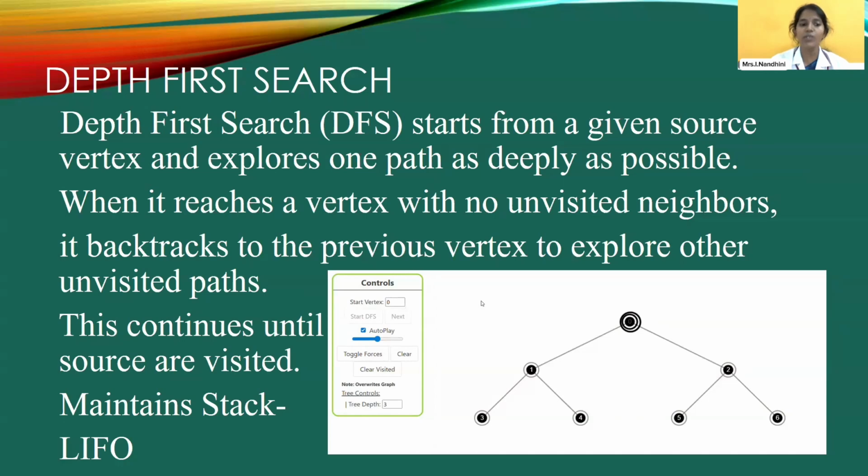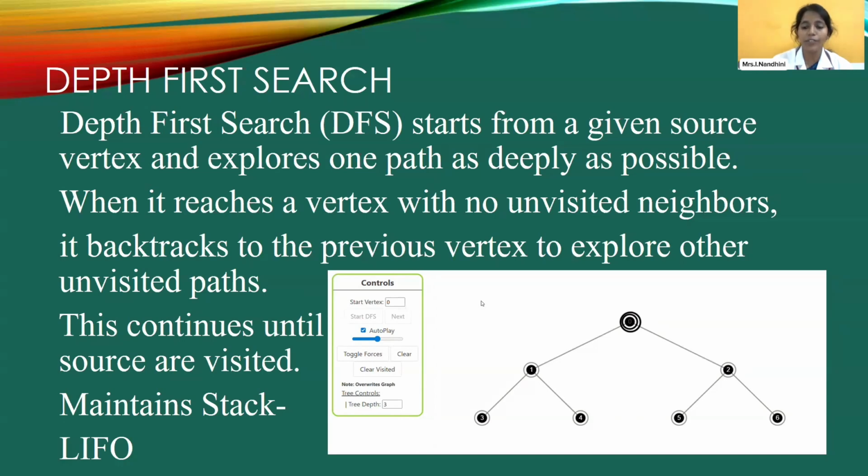It will continue until all vertices are visited. In depth first search, it maintains a stack, which is last in first out. In this picture, the start node is 0 and the target node is 6.